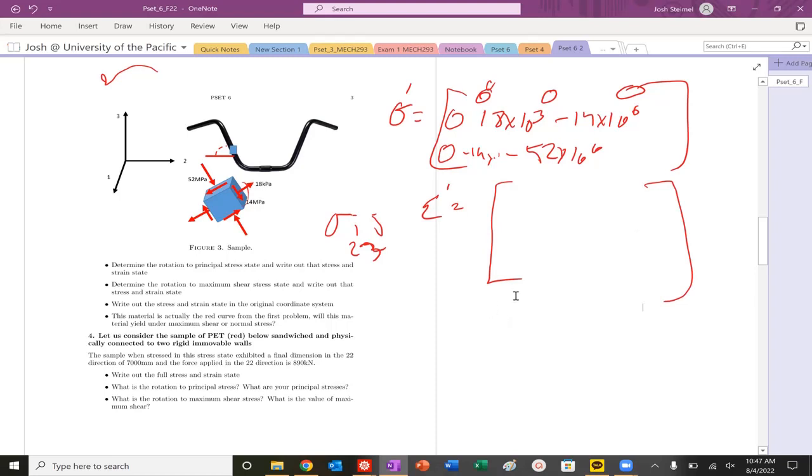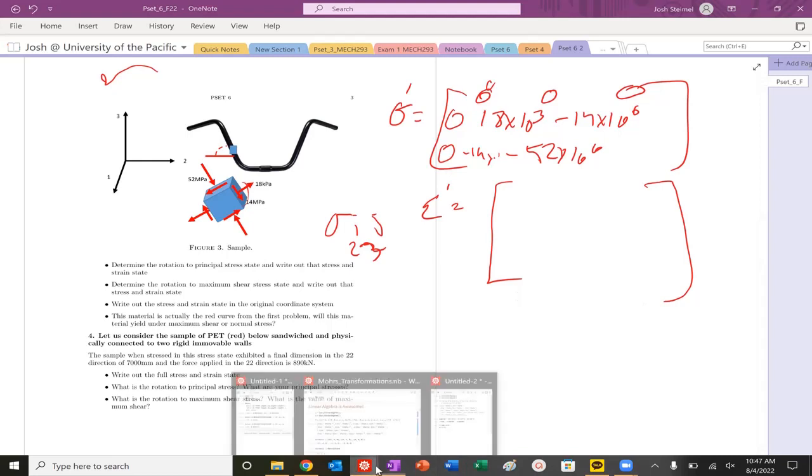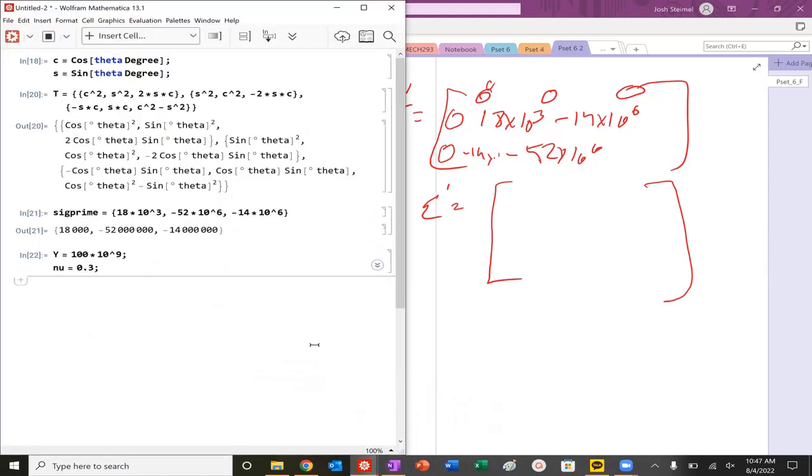So for example, we'll have to work that out. So let's calculate that. So E11 prime is 1 over Y times, we're going to call this my sig11 is 0.